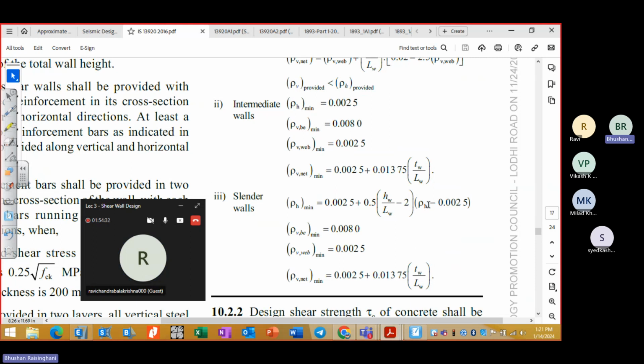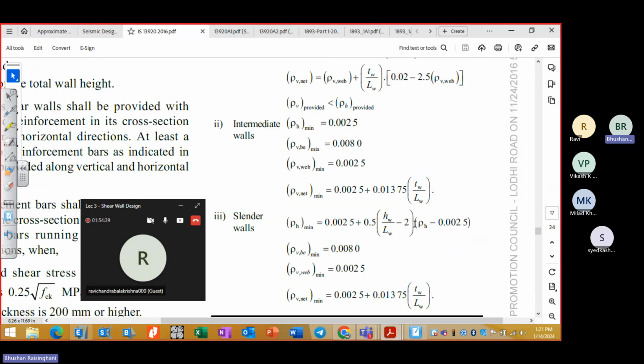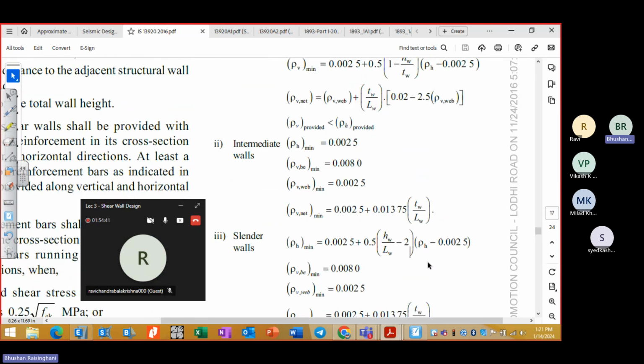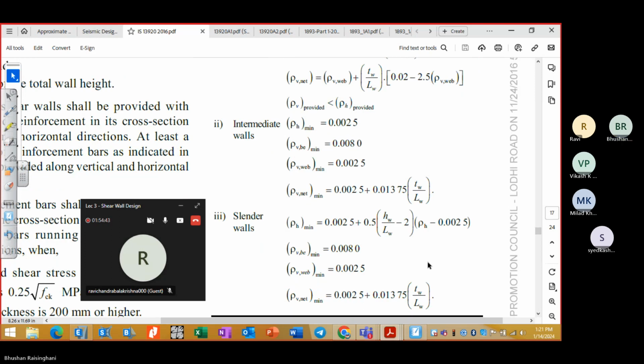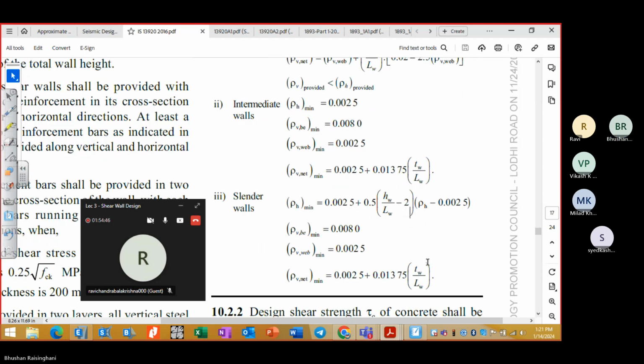So can anybody tell me how you consider this rho h minimum formula? As rho h has been mentioned, but nowhere has the rho h value been given. So rho h is your calculated one. You have calculated, as per the forces, the percentage of steel required in the horizontal direction. That you will be putting in here, and from that you will find the rho h minimum.